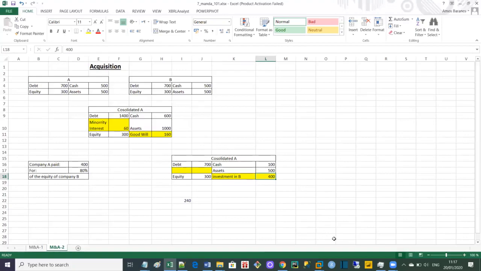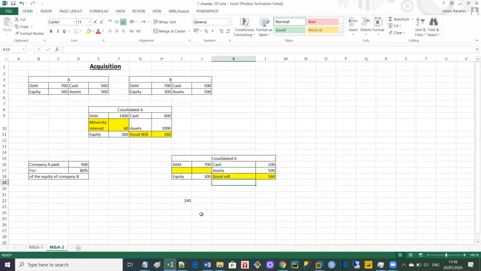One is goodwill. The goodwill is exactly the difference between the 400 and the 240. This is the extra they paid for. So 160 will be goodwill, very similar to what we did before. That's the extra I paid.